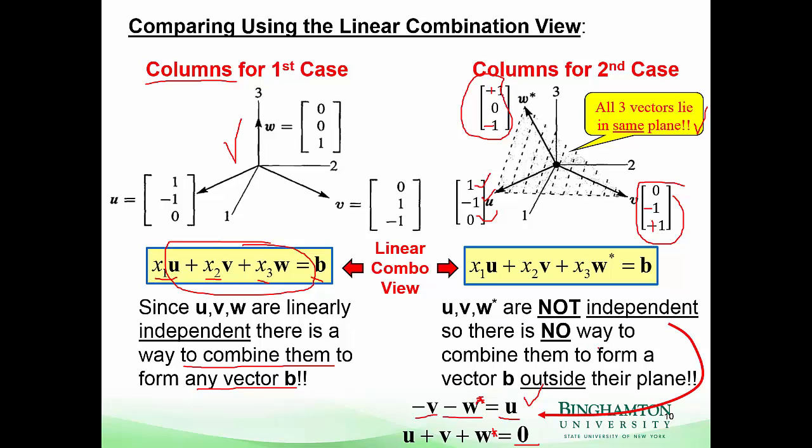So that means they all lie in the same plane. The only thing I can build from them is something in the same plane. Now 0 is in that plane, so I can build 0. You see that, right? That's why there was a solution.